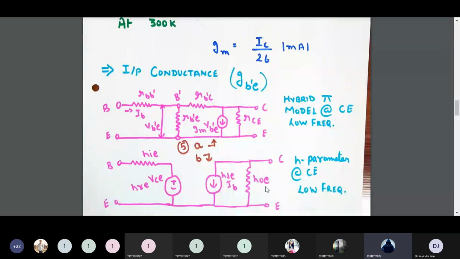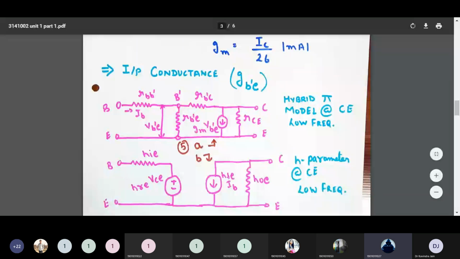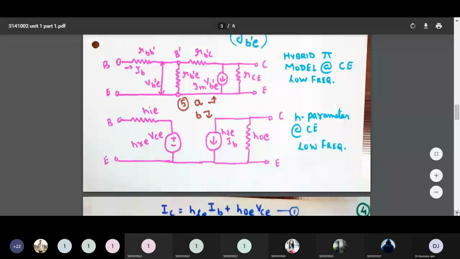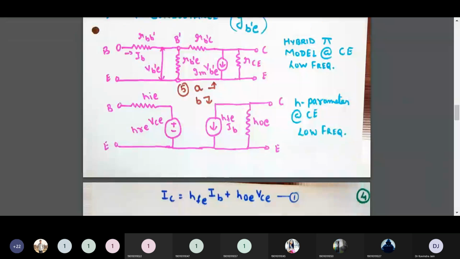So IC is equal to HFE IB plus HOE VCE. Whatever current there is, it is because of this current source, right? So this current source multiplied by whatever is the resistance and the voltage. So my IC is equal to this. We have applied KCL on figure number 5B, and hence IC is equal to this.